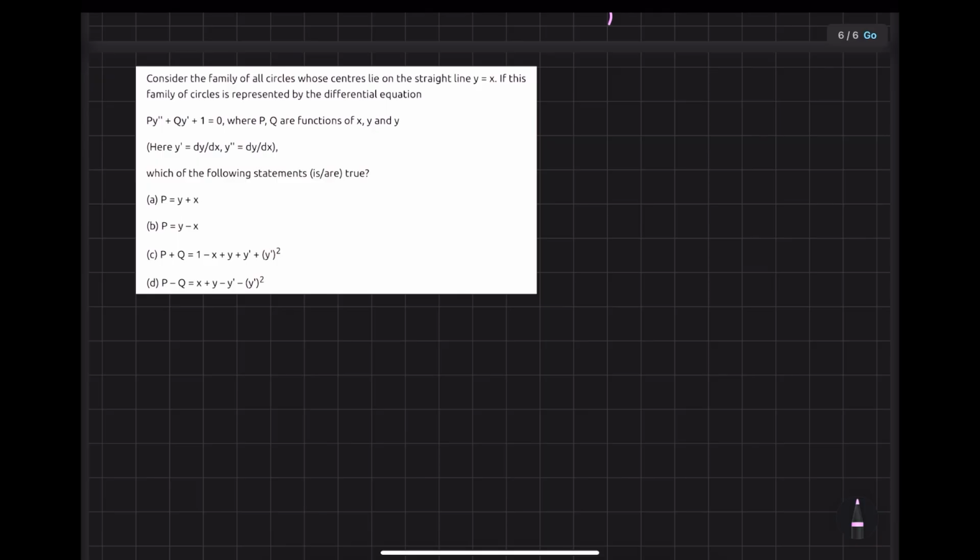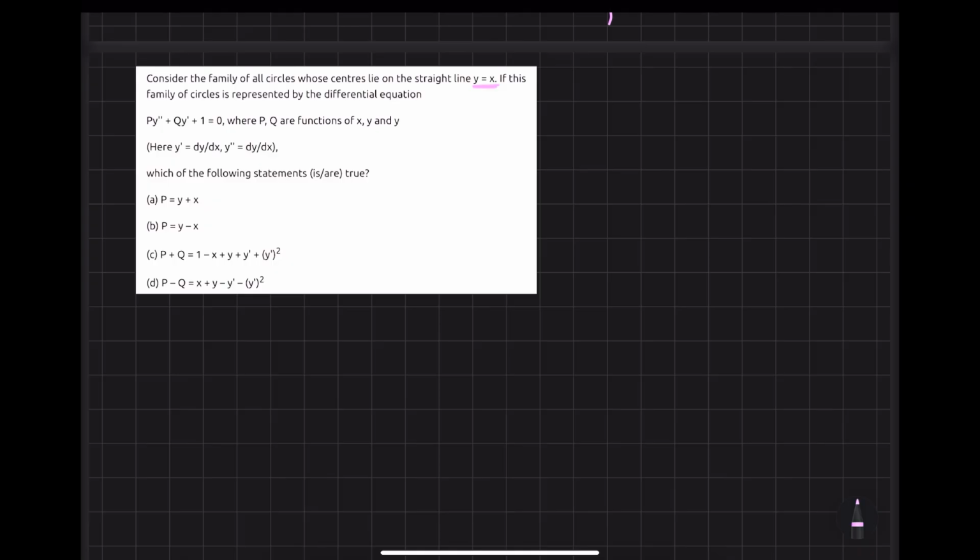Consider the family of all circles whose center lies on the straight line shown. So you have a circle and the center of the circle will lie on this line, meaning the x coordinate and y coordinate of the center will remain the same. They are talking about all the circles.